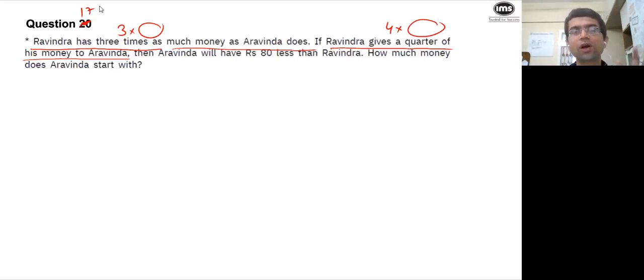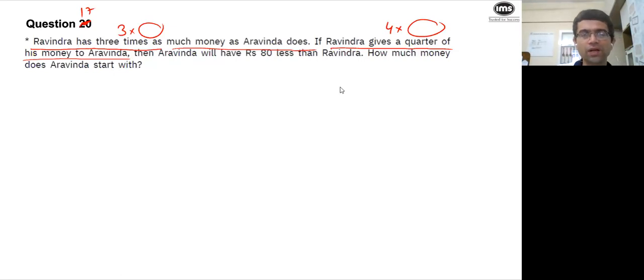Correct? So I will not assume that Arvinda has x and Ravindra has 3x. I will not do that. I will assume a number which is a multiple of both 3 and 4 so that I don't get Arvinda's amount also as a fraction. I don't like fractions.